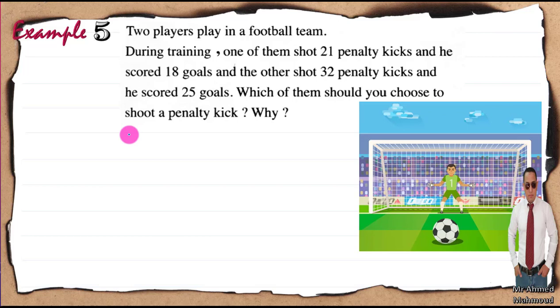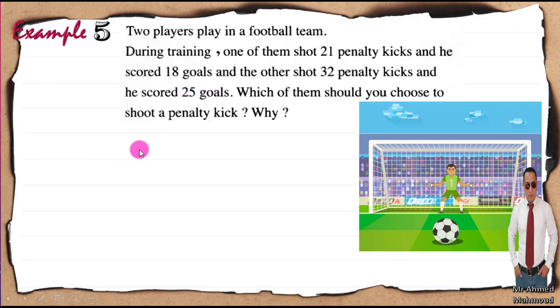Now this represents experimental probability. Why? Because we did the experiment 21 times and he scored 18, and the other one shot 32 and scored 25.